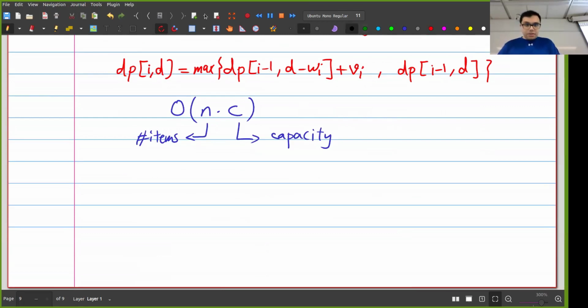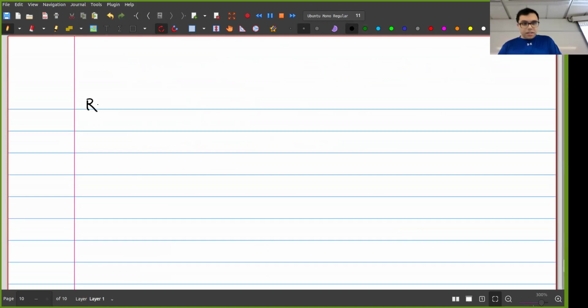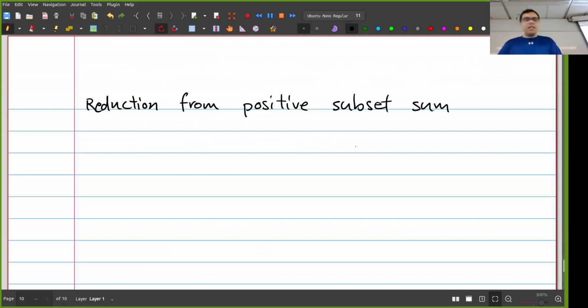Okay, go to the next page actually. Reduction from positive subset sum. So let's say that I give you an input to the positive subset sum problem. What does that input look like?